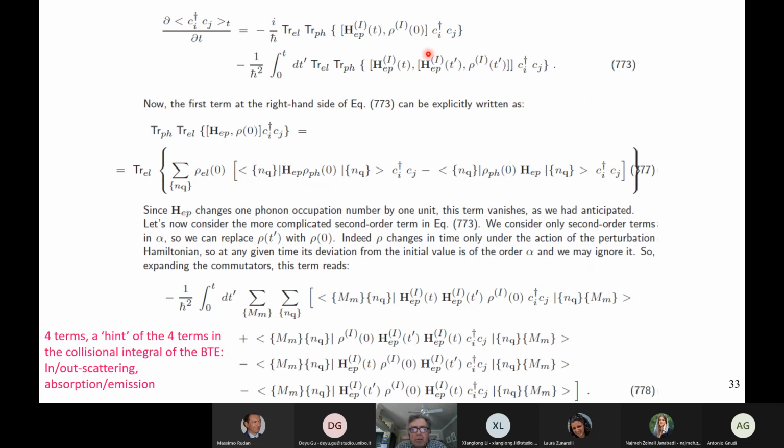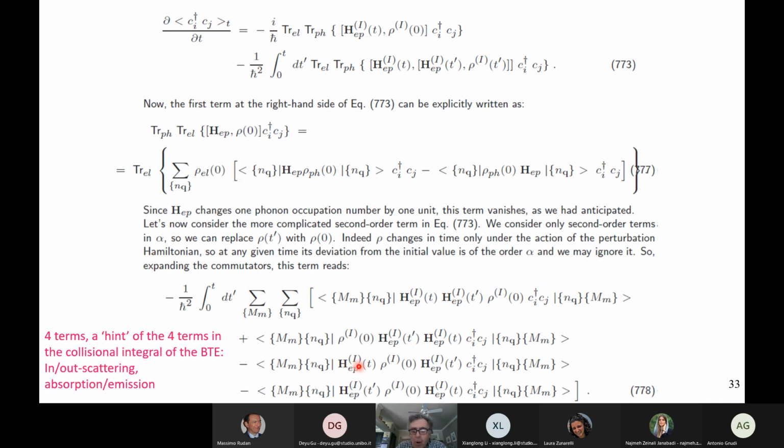And then I have 4 terms, because here I have 2 terms for the inner commutator multiplied by 2 terms for the outer commutator. Okay, so if I write one of these terms this way, then I can write the 4 terms, 1, 2, 3, 4, that come out from the commutator by using this expression. This is already a good sign. It's a hint that we're going to get somewhere towards the master operator.